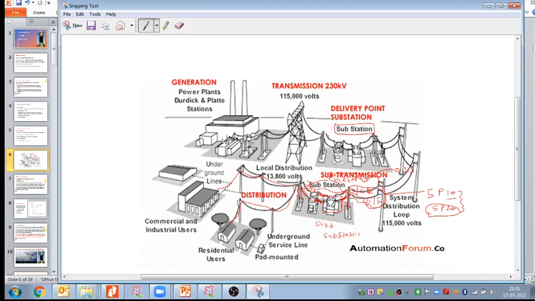How many CT cores should we put here, and what should be the protection class of that CT? And when it comes to the generator, here we have generating substations. How many cores and what should be the CT protection class here, that we should specify.